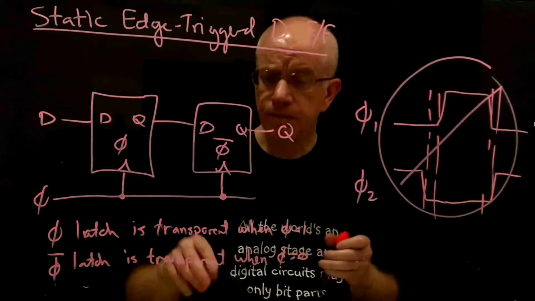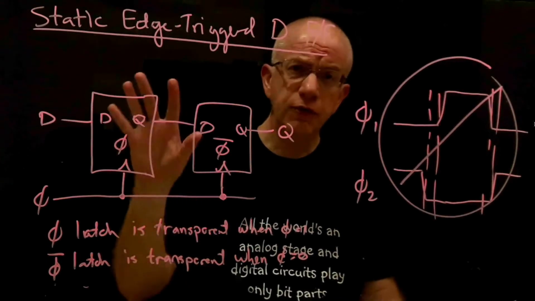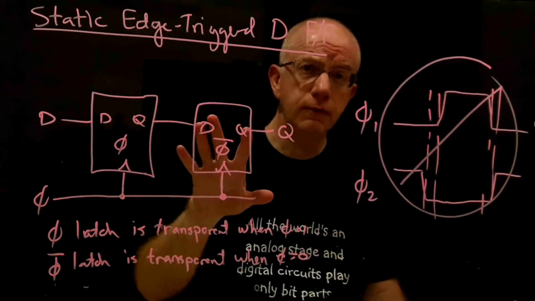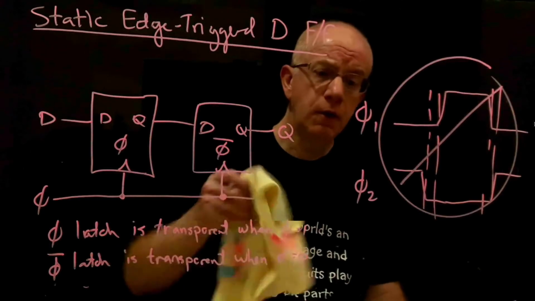Okay, it turns out that we can do that fairly simply. Once we design our phi latch, we just take the upside down version of that latch, and that becomes our phi bar latch.